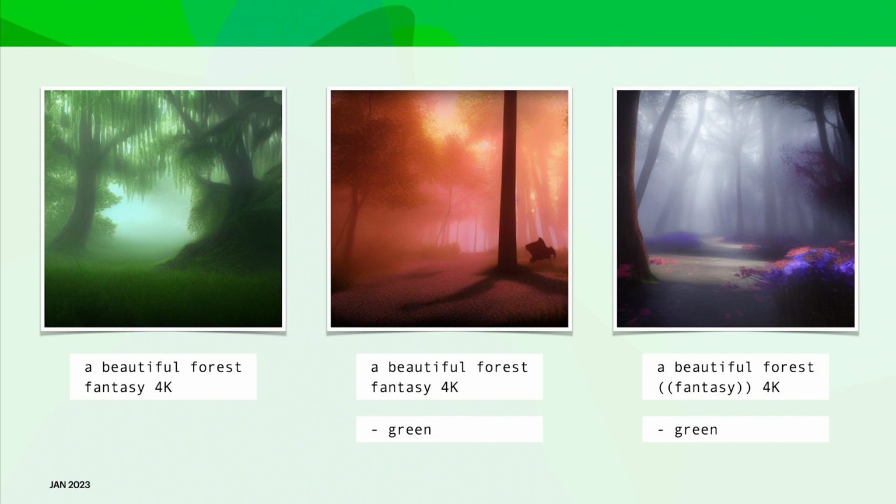That was the initial prompt, just asking for a forest. In the second one, I asked for the same thing, but I said I don't want any green in it. So it gave me back a red one. And in the final one, again I didn't want any green, but I asked it to emphasize the word fantasy. I think it did. It felt like it did, but I guess that's subjective.